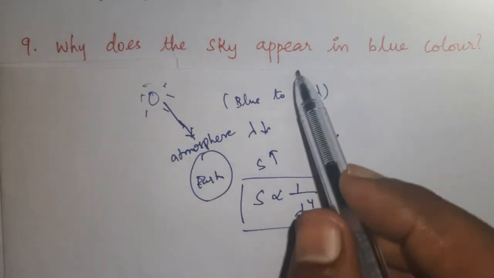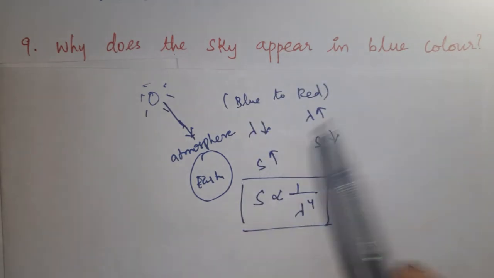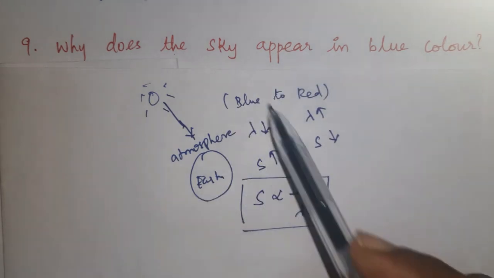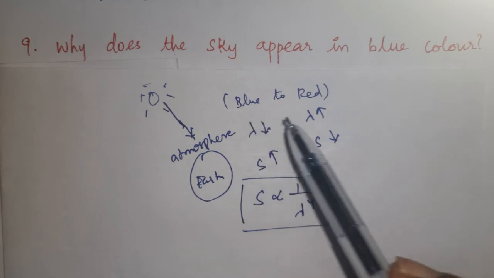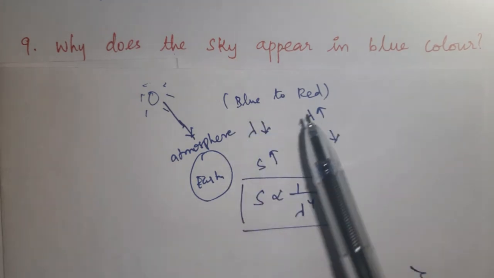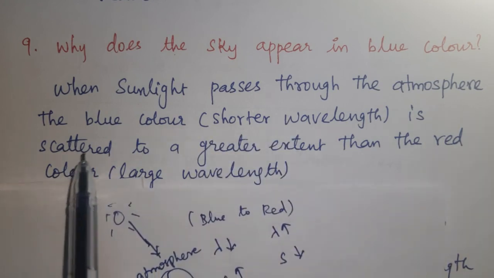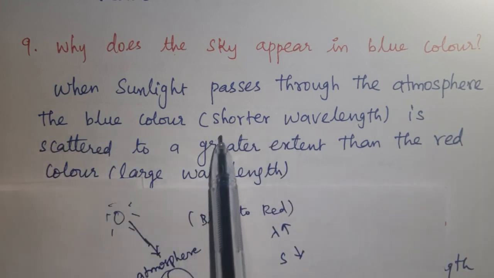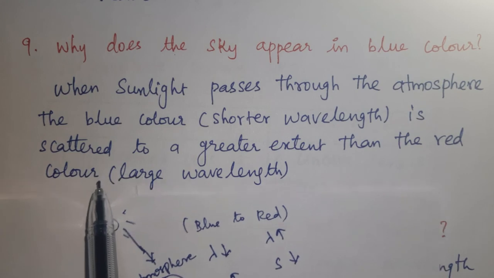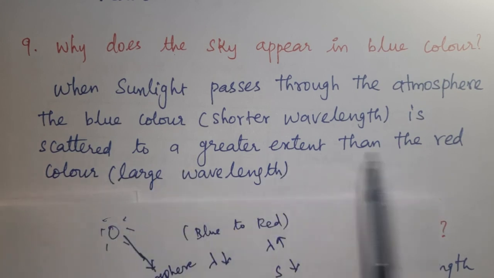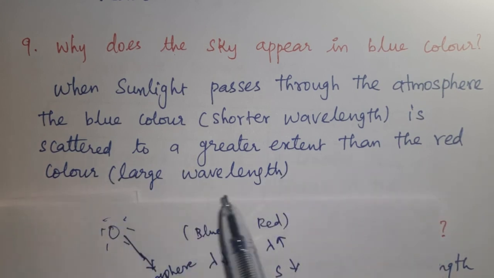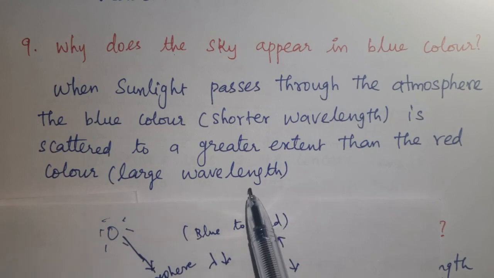So the sky appears blue in color. The scattering of blue light is more than the scattering of red. When sunlight passes through the atmosphere, the blue color, that is the shorter wavelength, scatters to a greater extent than the red color. Hence the sky appears blue.